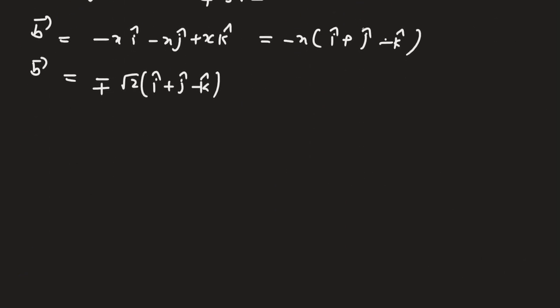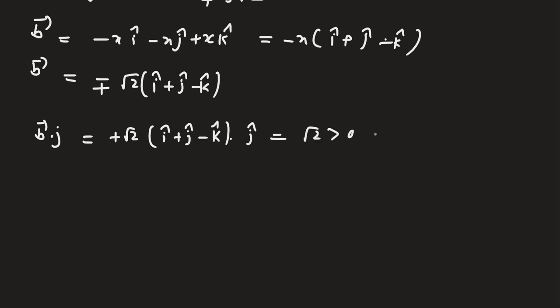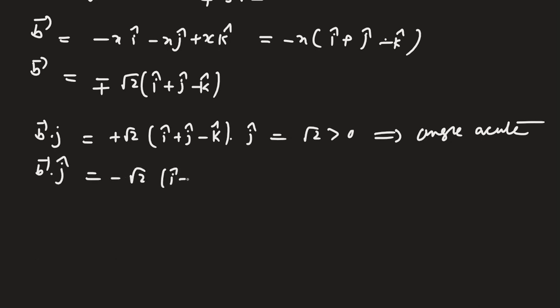So when we take the dot product with the j axis, b dot j, if I choose the positive sign, so what will happen, root 2 times (i plus j minus k) dot j vector. The answer is root 2, which is positive. This implies the angle is acute, which is accepted. But if I take the b vector with j, and here the sign is negative, then the answer is minus root 2, less than 0, which implies the angle is obtuse, which is rejected.